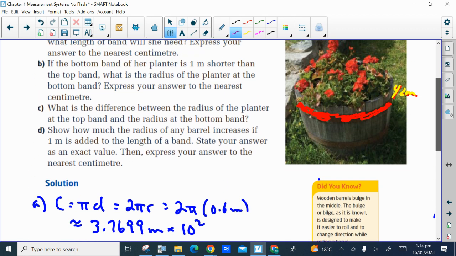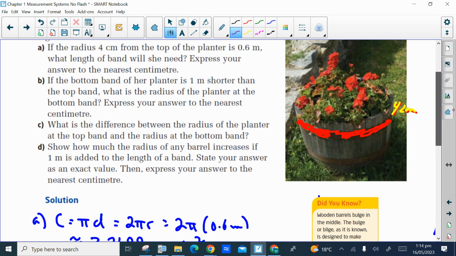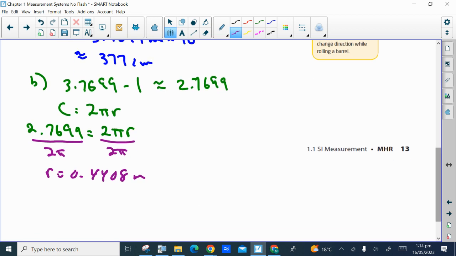And if we want to express it to the nearest centimeter, we would multiply by 100 again. So approximately 44 centimeters. Because it's 2 steps down the staircase from meters to centimeters, so you're going to multiply by 10 twice. You're going to multiply by 100.